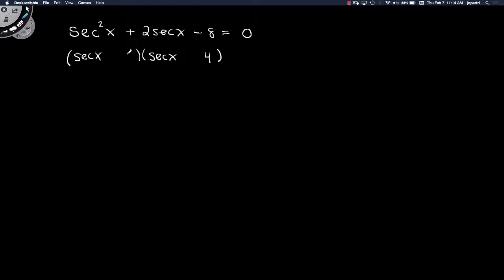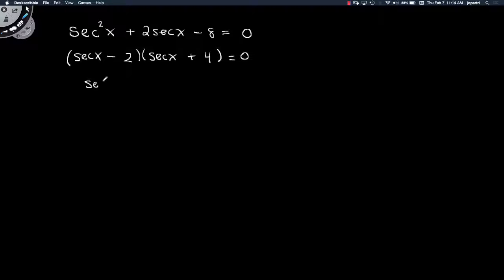Secant squared x plus 2 secant x minus 8 equals 0. All right, so secant x times secant x, 4 and 2, positive and negative.